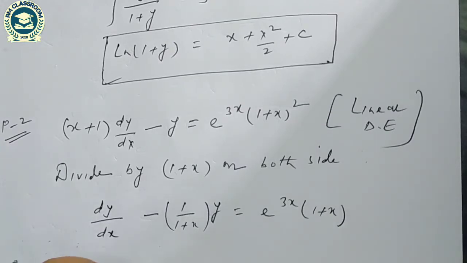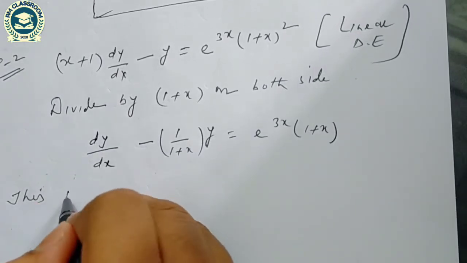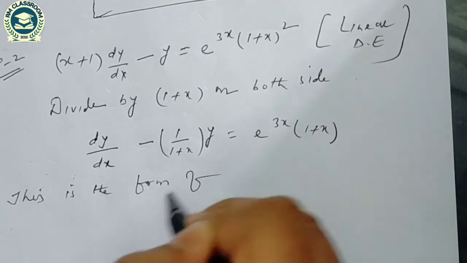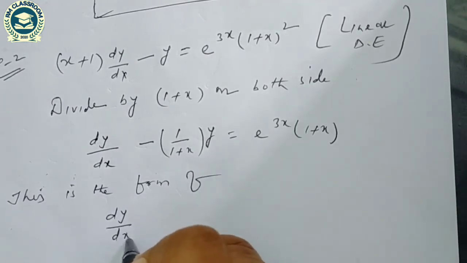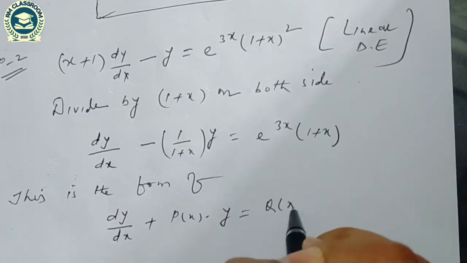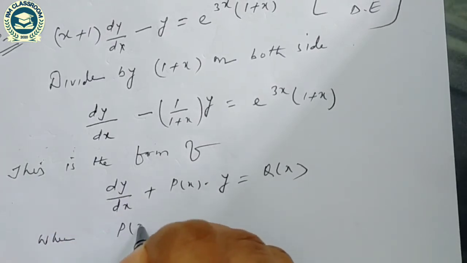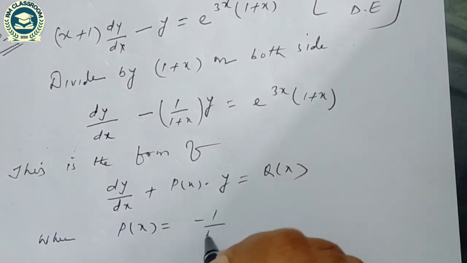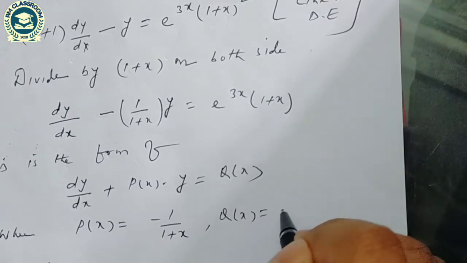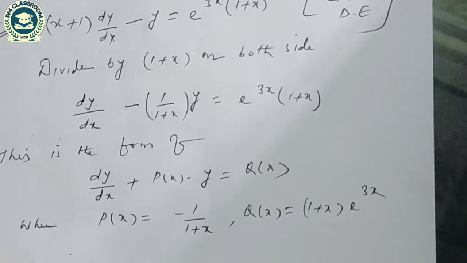So this equation is of the form dy by dx plus P(x) into y is equal to Q(x), where P(x) is equal to minus 1 by (1 plus x) and Q(x) is equal to (1 plus x) into e to the power 3x.